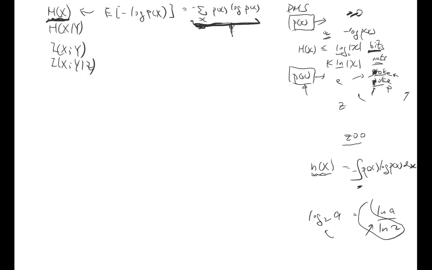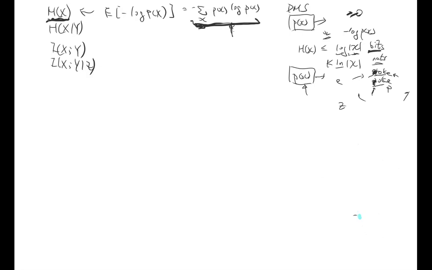The question is, when you said that H(X) is bounded by log base 2 of |X|, what is that X? X is the alphabet here. Alphabet size, you mean in terms of bits? For example, if your source is just binary, then your alphabet is just 0 and 1.